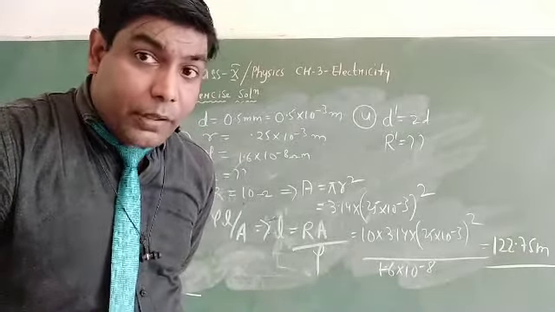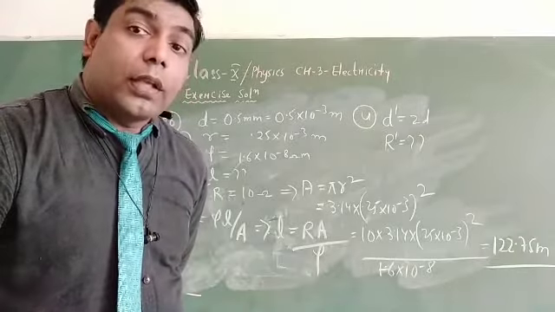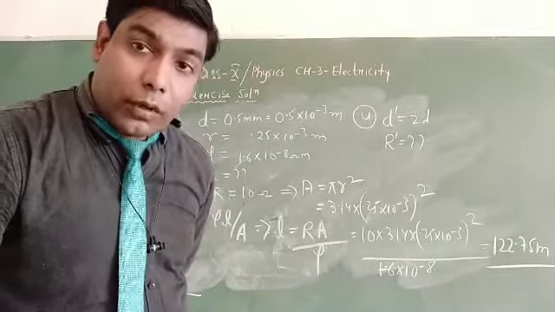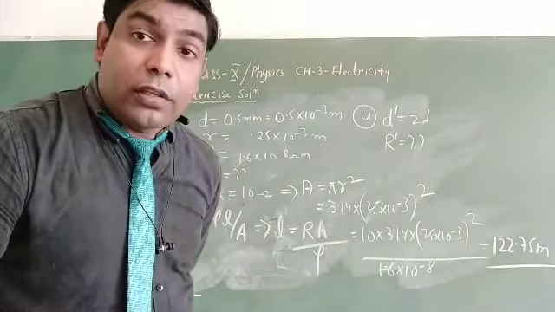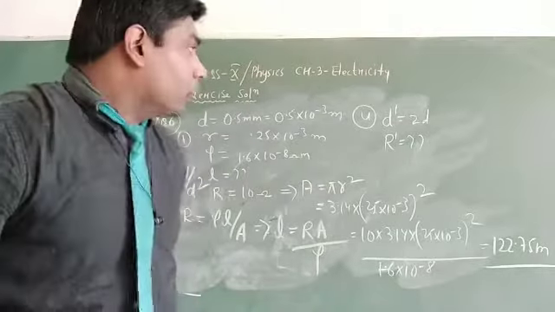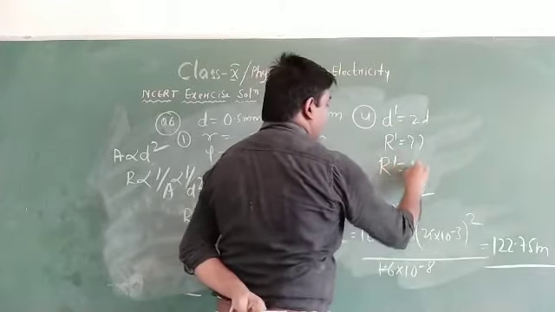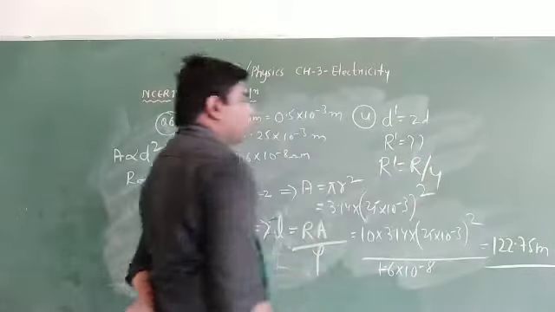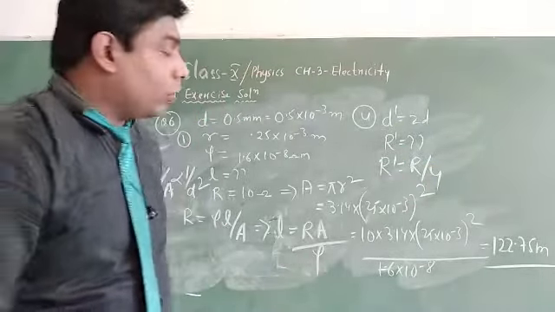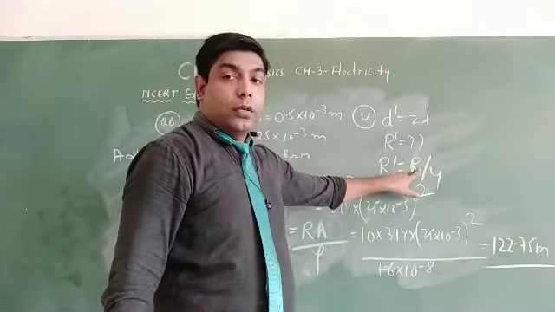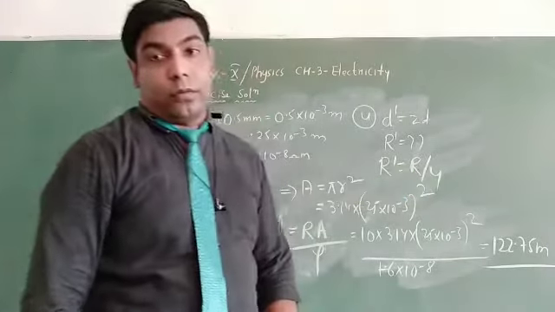So if diameter is increasing 2 times, then area will increase 4 times, that is, resistance will decrease 4 times. So when D is 2 times, the resistance will decrease 4 times. Means original resistance was R, so it will be R by 4, right?